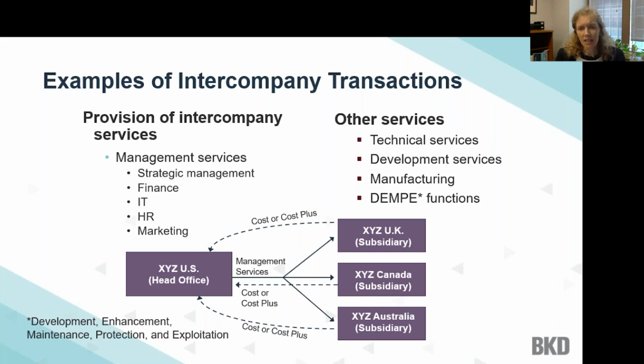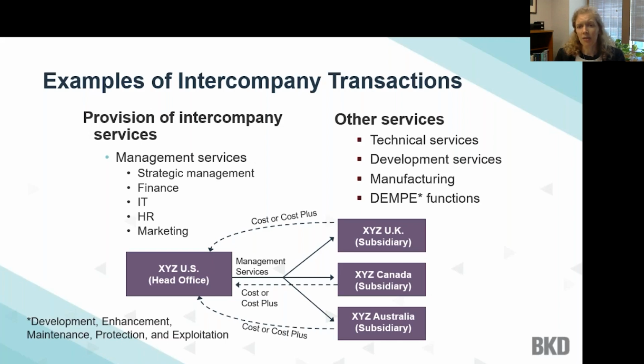Other types of services that we also look at are technical services, like contract R&D services, contract manufacturing services, and also what we call the DEMPI functions. DEMPI means development, enhancement, maintenance, protection, exploitation.